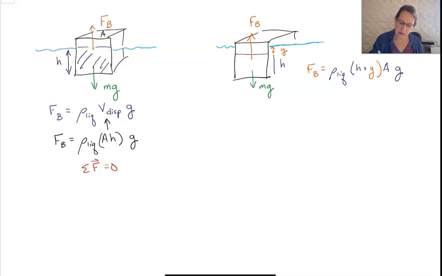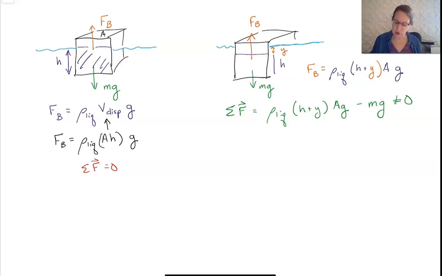So the sum of the forces is the buoyant force, rho of the liquid, (h plus y), A, g, minus mg, and that's no longer equal to 0.